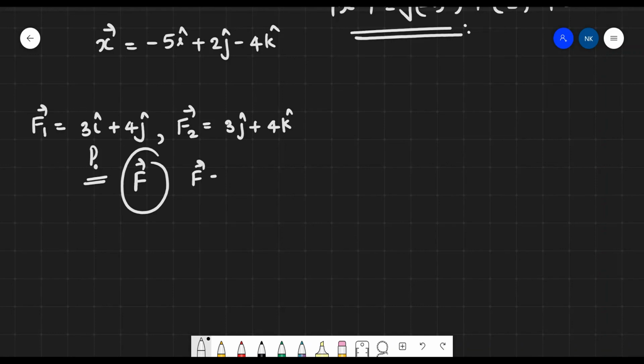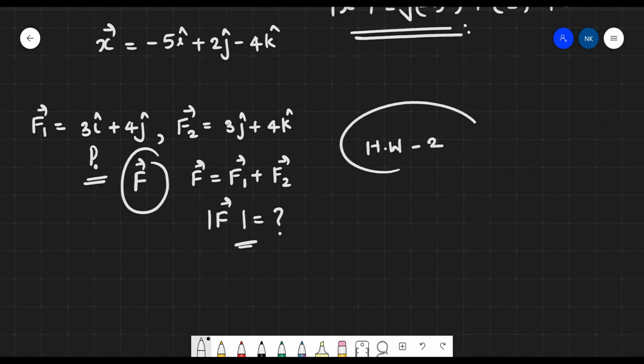Okay, so F vector equal to F1 vector plus F2 vector. You need to just find out the magnitude of the resultant force. That's all. Okay, so here this is your homework question number 2 for the day.